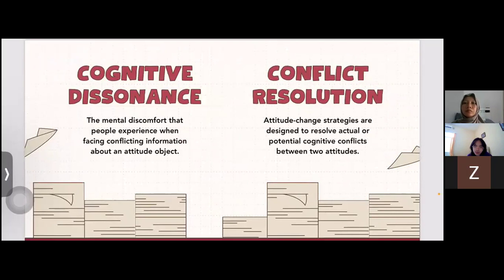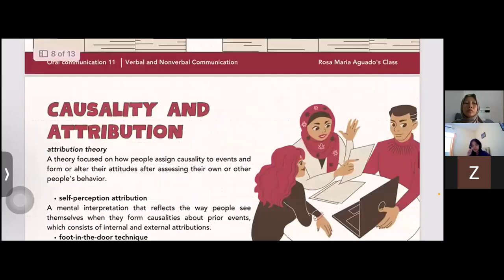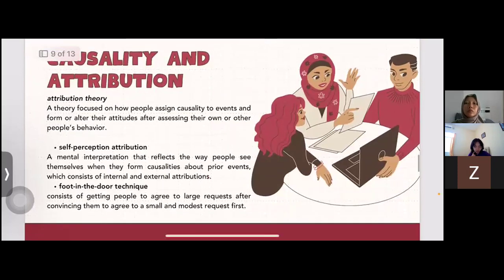Cognitive dissonance is the mental discomfort that people experience when facing conflicting information about an attitude object. And the next one is conflict resolution. Attitude change strategies are designed to resolve actual or potential cognitive conflict between two attitudes. And the next one is causality and attribution.